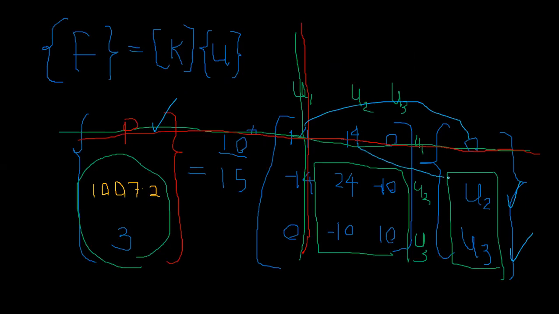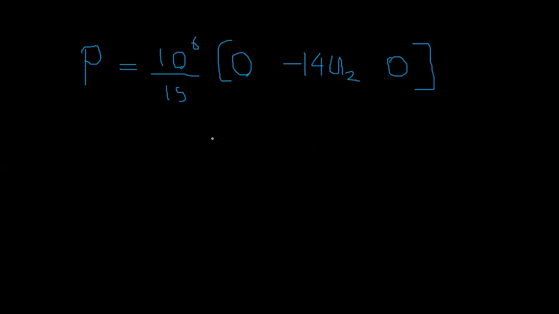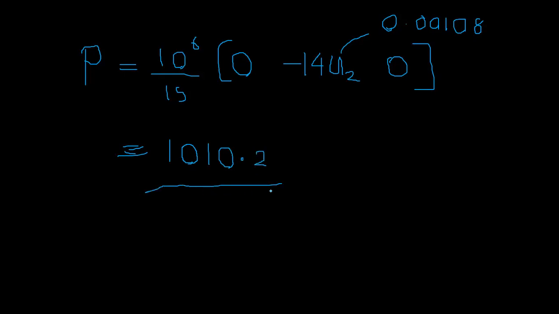This plus this into this into this, right? So it's going to be 0 and U2 is 0.00108. And with that, your P value will be recorded as 10.2, right? This is P.